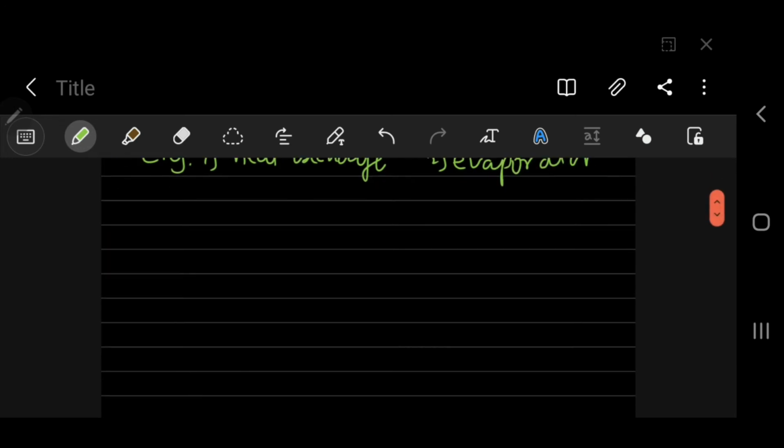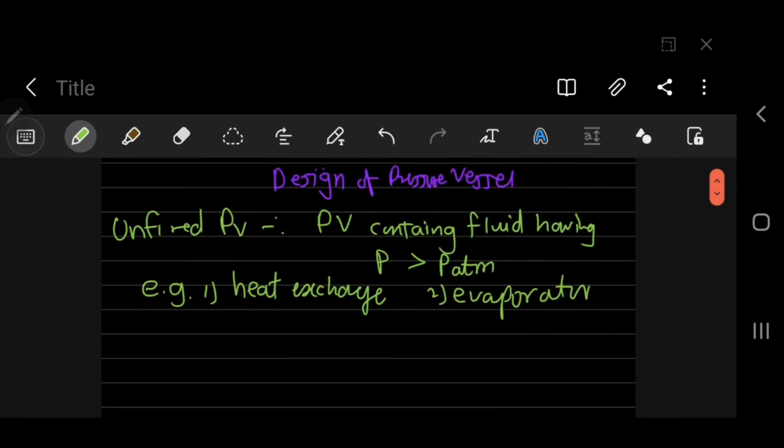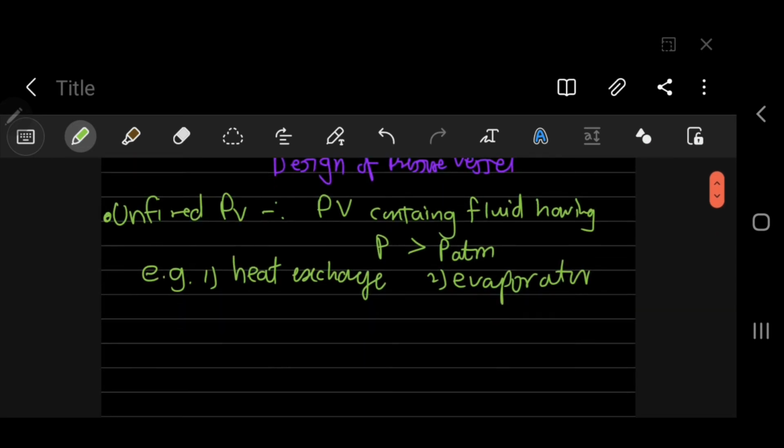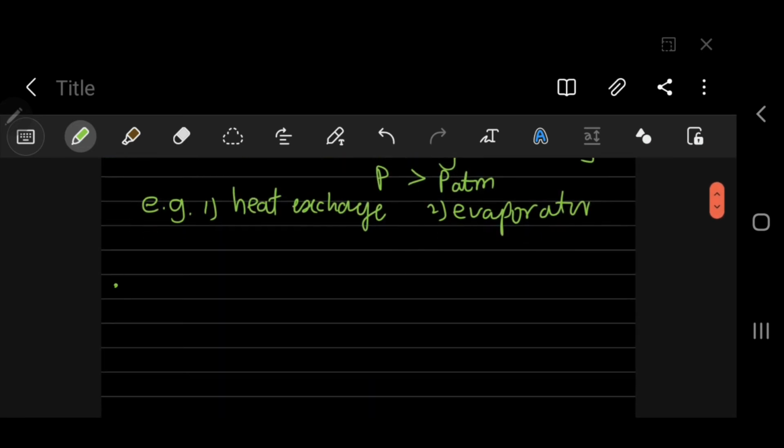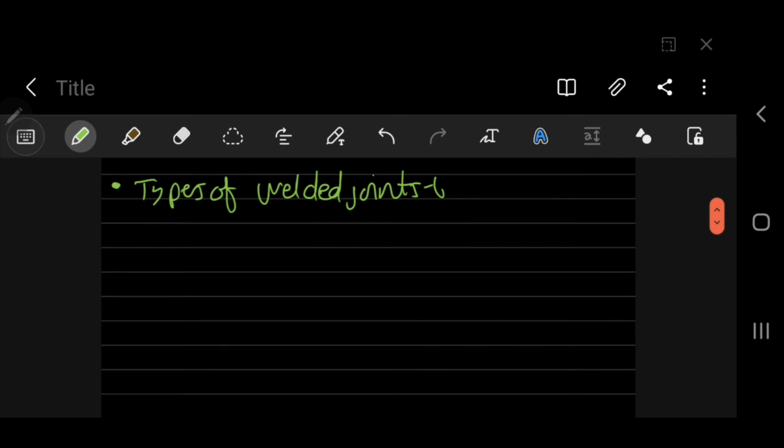Now the types of joints. The next question will be about types of welded joints. Just remember, there are 4 types of welded joints. First is double welded butt joint.